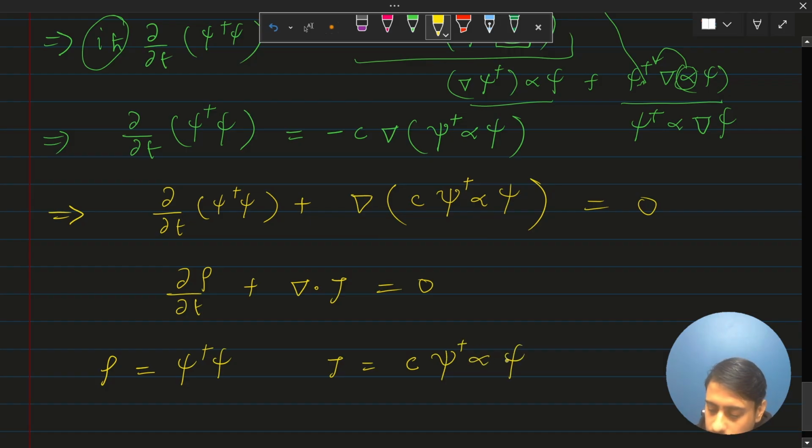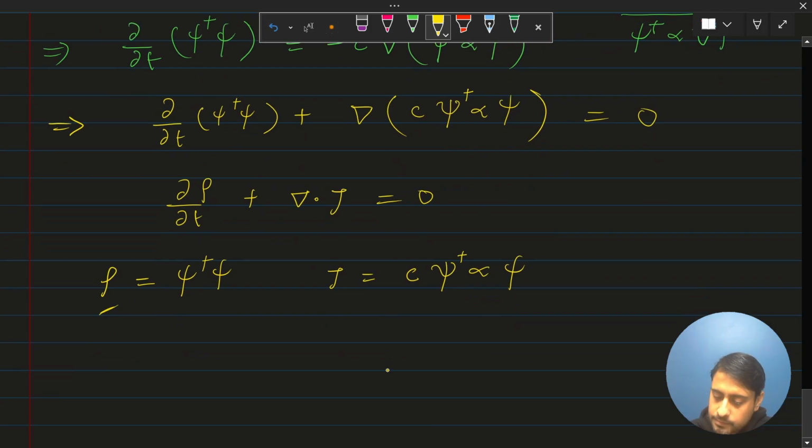So now we have the density ρ and this current j. It's like the flow of charge, or the flow of any quantity which is conserved.